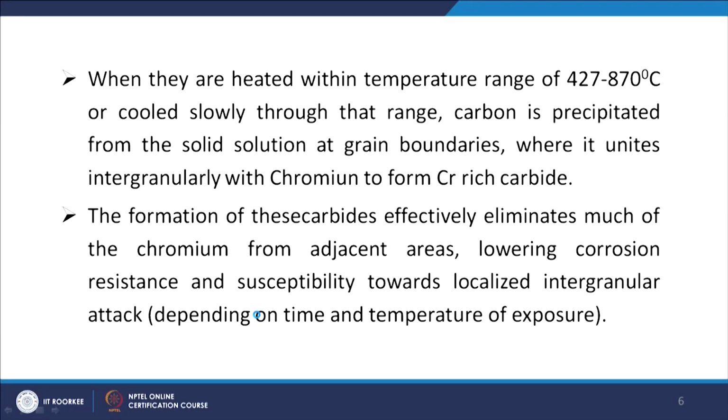When they are heated in the temperature range of say 427 to 870 degrees C, or in fact cooled even through that range, the carbon is precipitated from the solid solution at the grain boundaries. That is important, because with the carbon precipitated you have depletion, you have chromium carbide formation, and the chromium is primarily used for the formation of chromium oxide, which gives you the stainless properties.